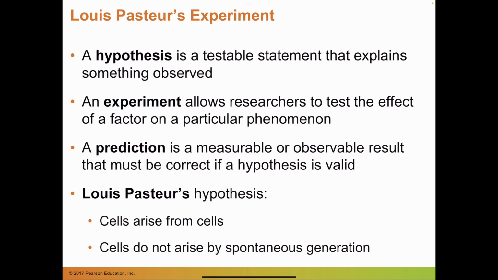Then you would create an experiment where you actually test out that hypothesis that you have. A prediction, just kind of like, what do you think is going to happen? And so Louis Pasteur's hypothesis was that cells come from other cells, okay? And they're not spontaneously created. So this is what's leading into the idea of cell theory.